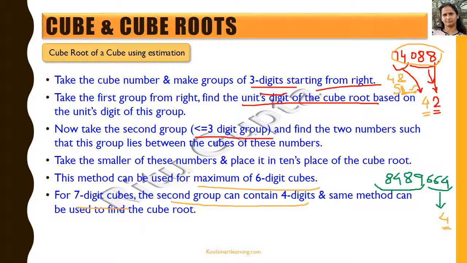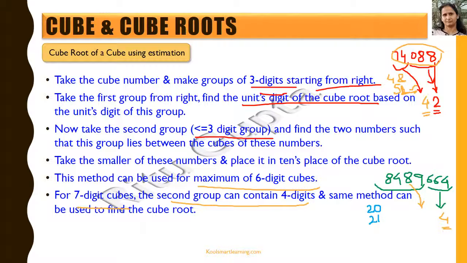And now we'll take 8489 and find out what two numbers its cube root would lie between. We find that 8489 lies between the cube of 20, which is 8000, and the cube of 21, which is much higher than this number.